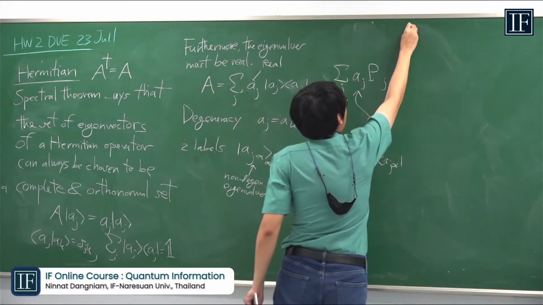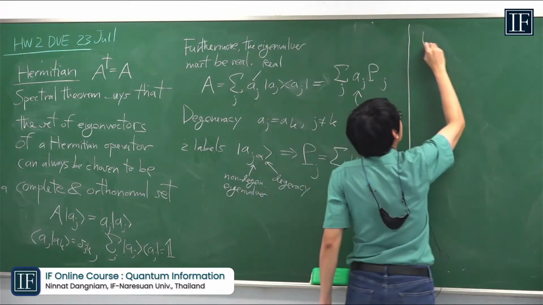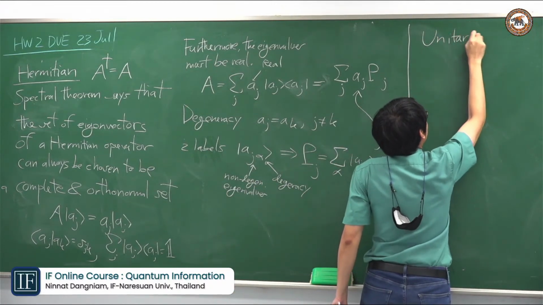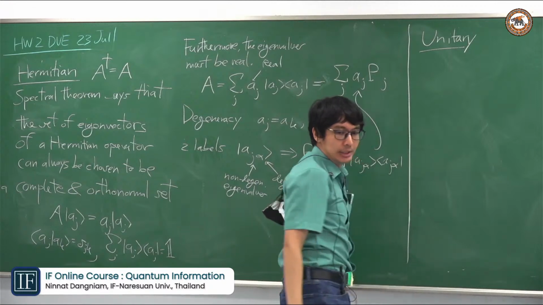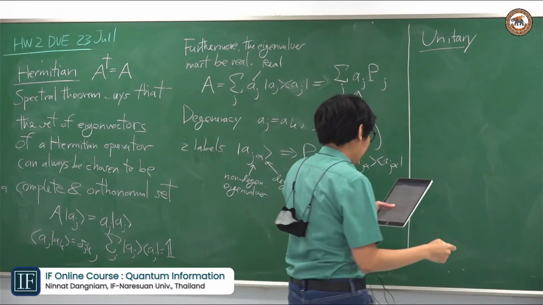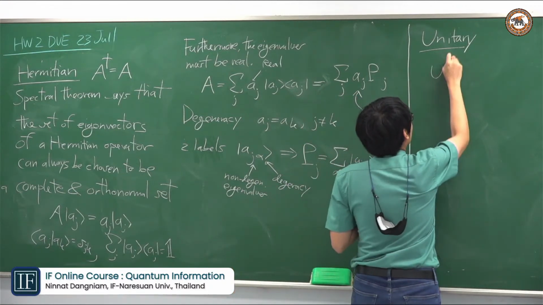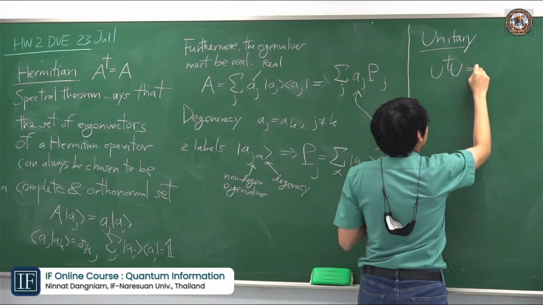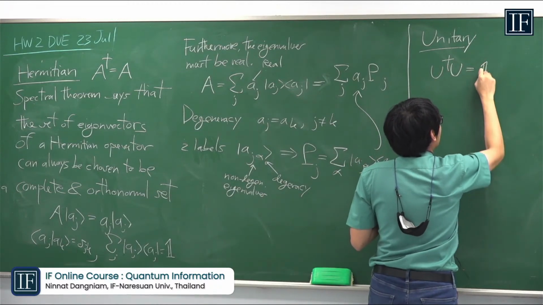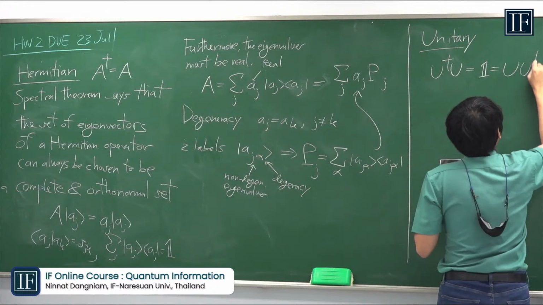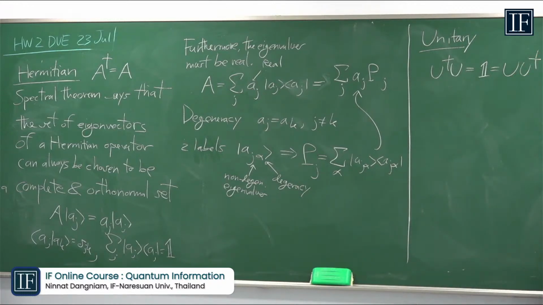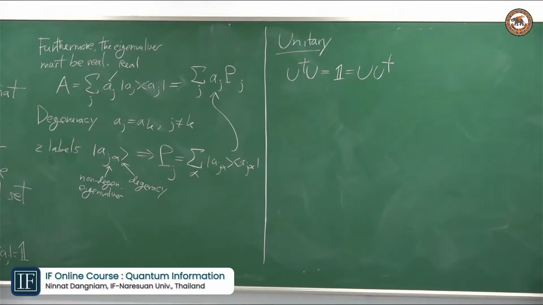Right, so that's about Hermitian operators. Another kind that are diagonalizable is the unitary one. The definition is this. These are operators whose inverse is its dagger.